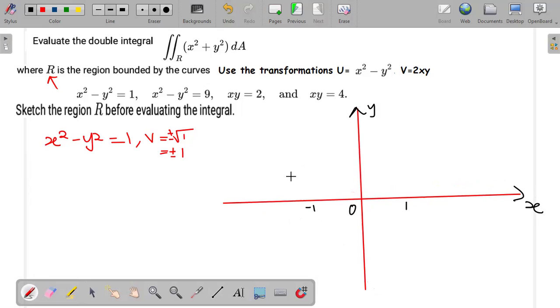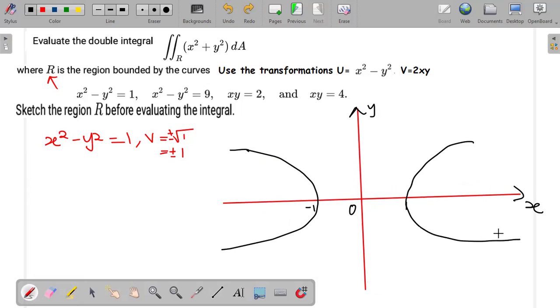This hyperbola, I mean, not parabola, opens to the left of the x-axis and also opens to the right of the x-axis like that. So this is 1, that is minus 1.